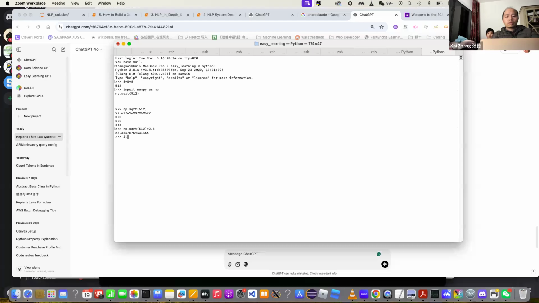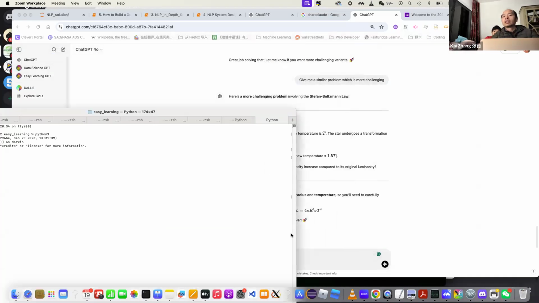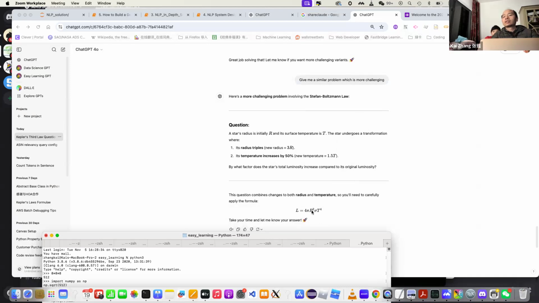It is 1.5, that is for 1.5, right? 1.5 times 1.5 times 1.5 times 1.5. And then the radius times 3. The radius is a factor of the power of 2.